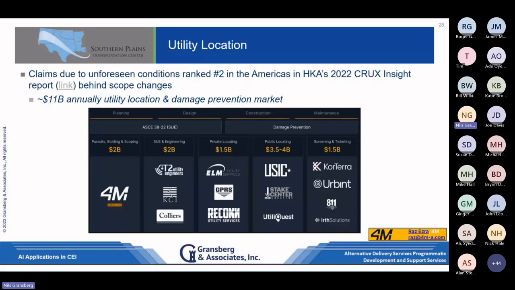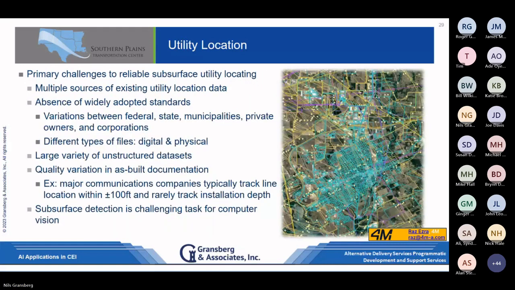Well, this is a machine learning application to assist with that. When it comes to utility location, there are a bunch of challenges out there, and this is a unique application where artificial intelligence has worked really well to identify the probable locations of actual utilities. So, big challenges. We've always got lots of different kinds of utility data out there, and it's not uniform.